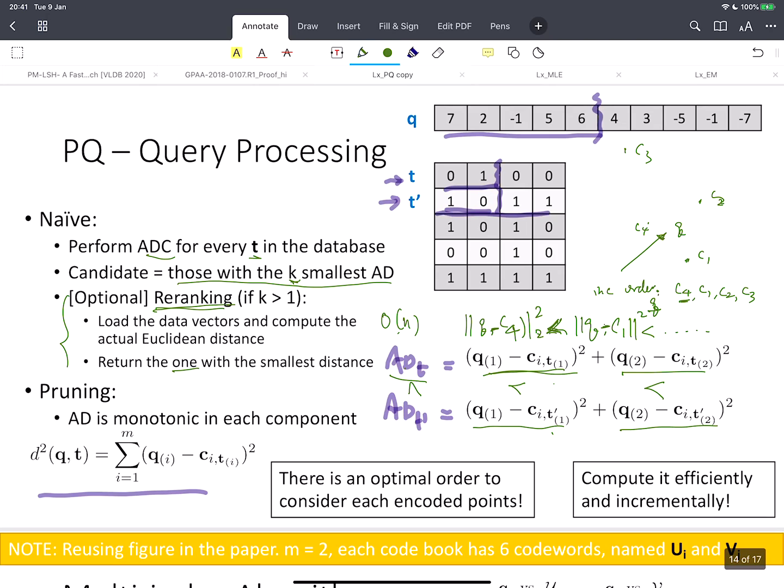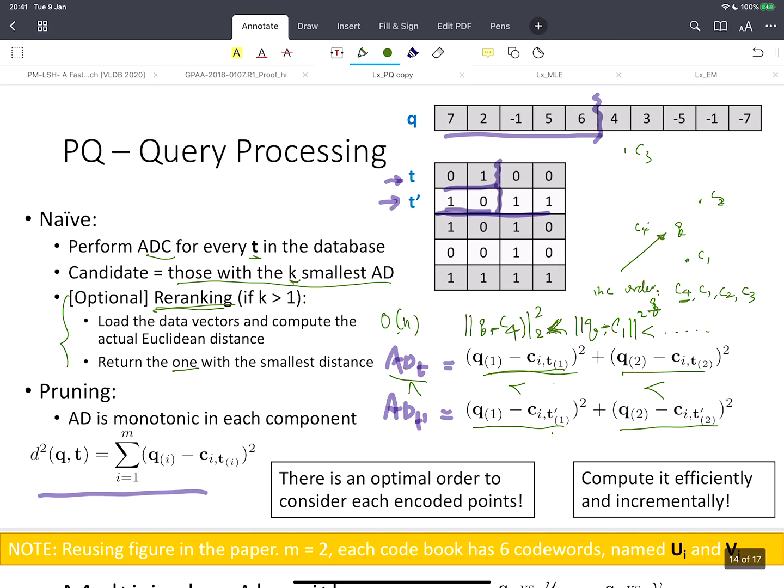So you know that there is an optimal order to consider each encoded point because they have different ADs. If you really compute all the ADs, definitely there is an order. But if we can identify earlier what the next smallest tuple or data point with the smallest AD is, then the efficiency of our algorithm will improve.